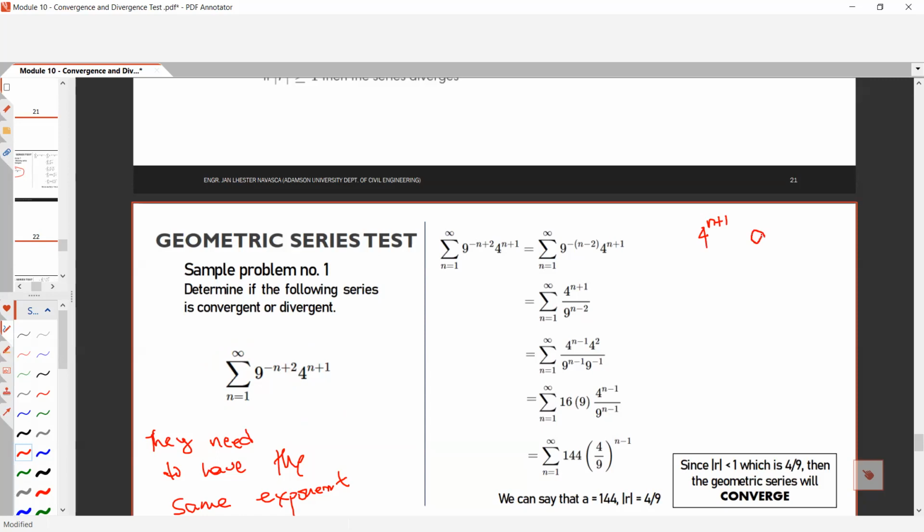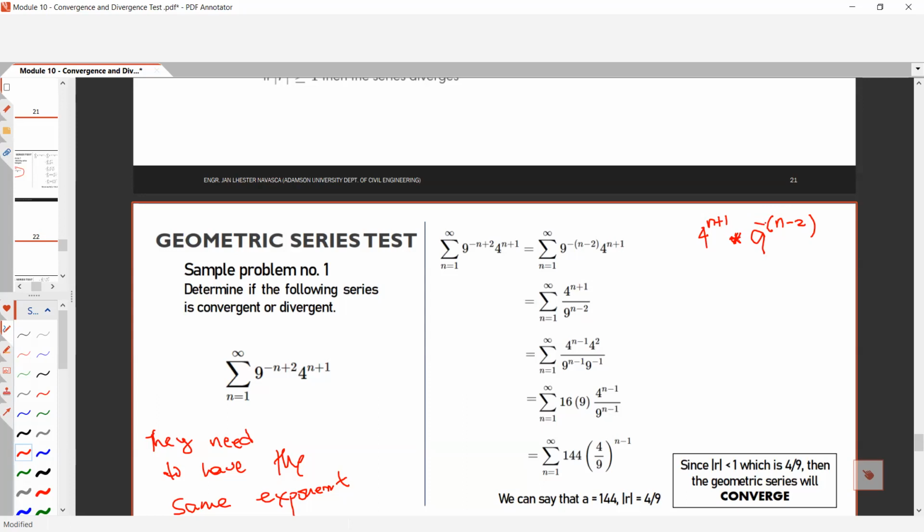We can write 9 raised to negative, that is n minus 2. Right? So negative n, positive 2.